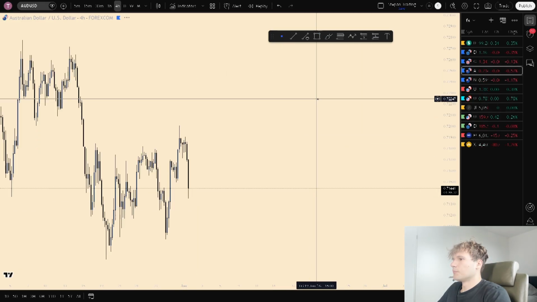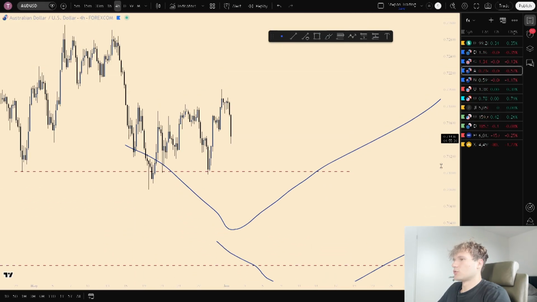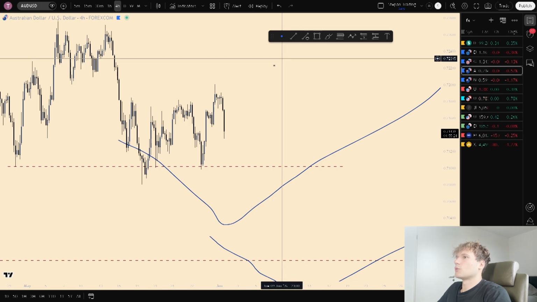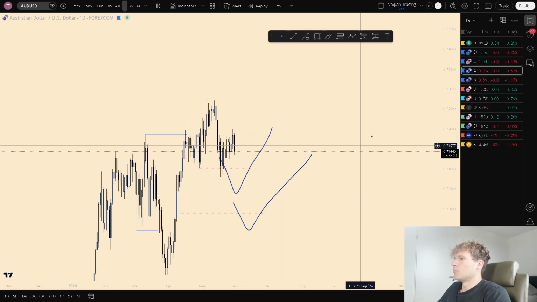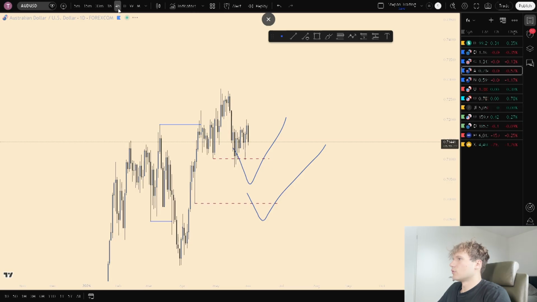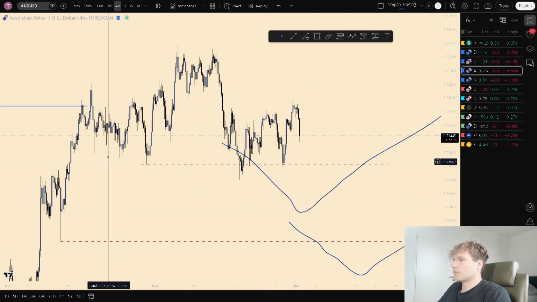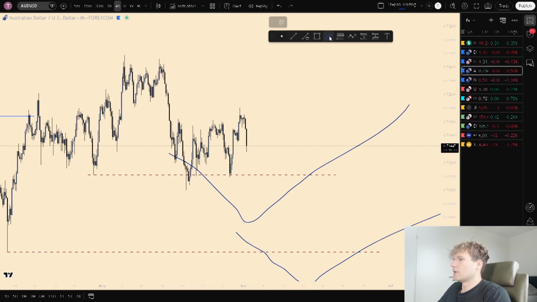Then AUD, I would still look for some shorts because we are pretty high in the leg. So overall, I'm looking for buys, but I would maybe look for more shorts to push us a little bit more down in the leg.